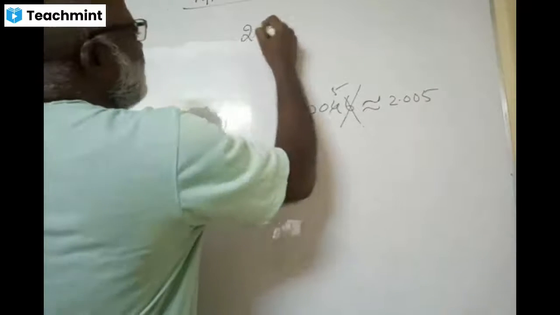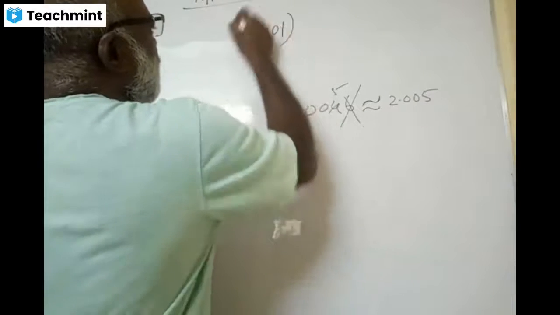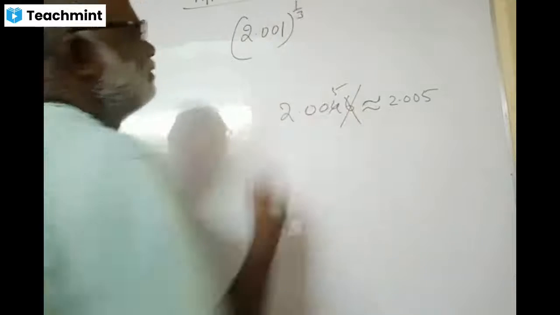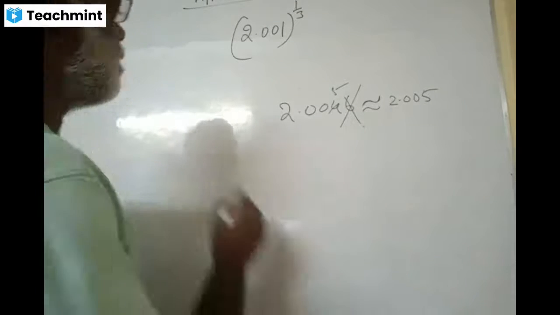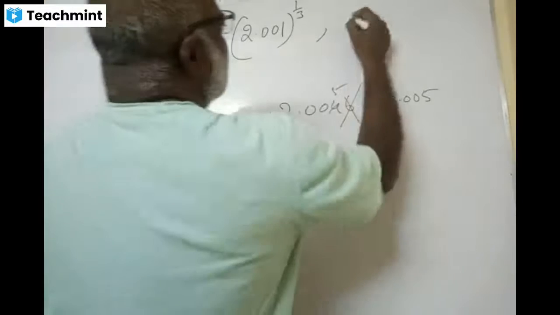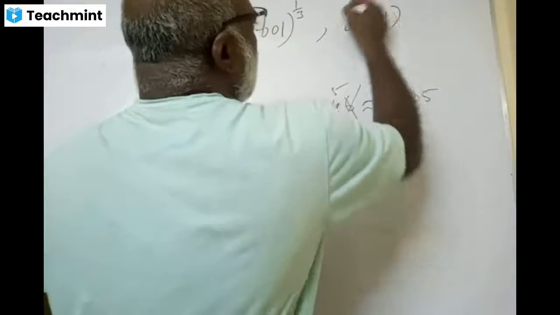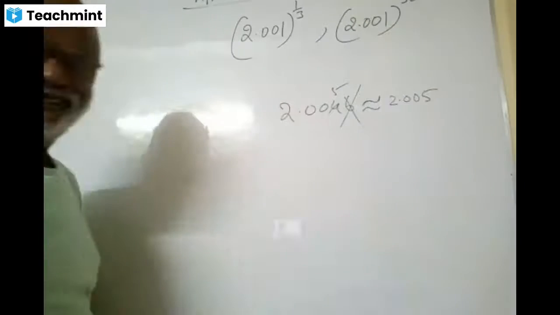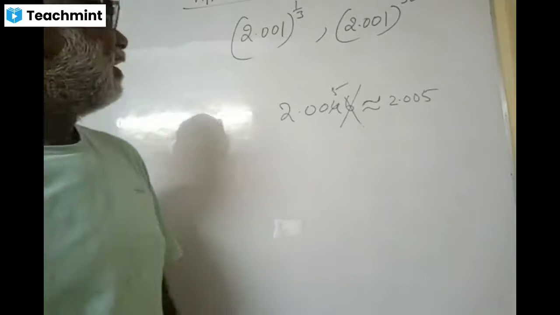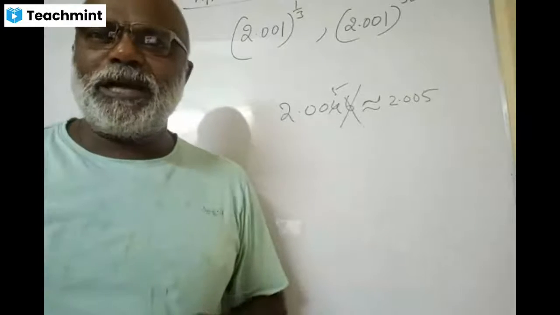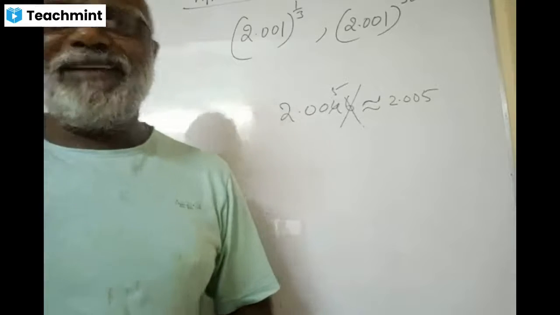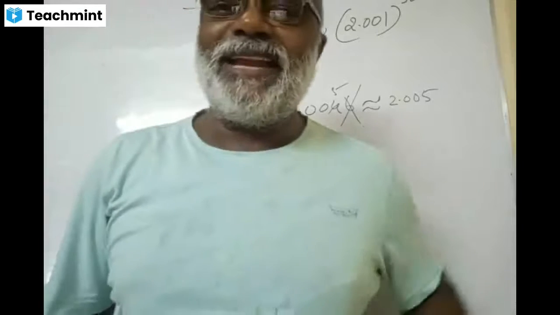Suppose the question is given like this: 2.001 whole power 1 by 3, and also something like 2.001 whole power 50. Is it possible to do this, even by a calculator itself?